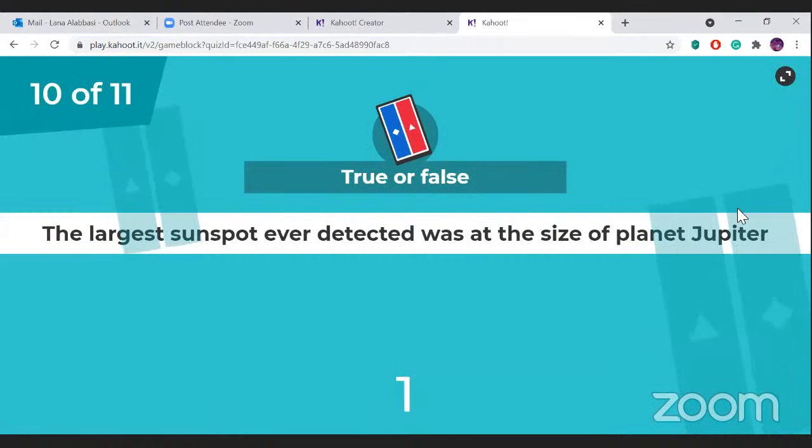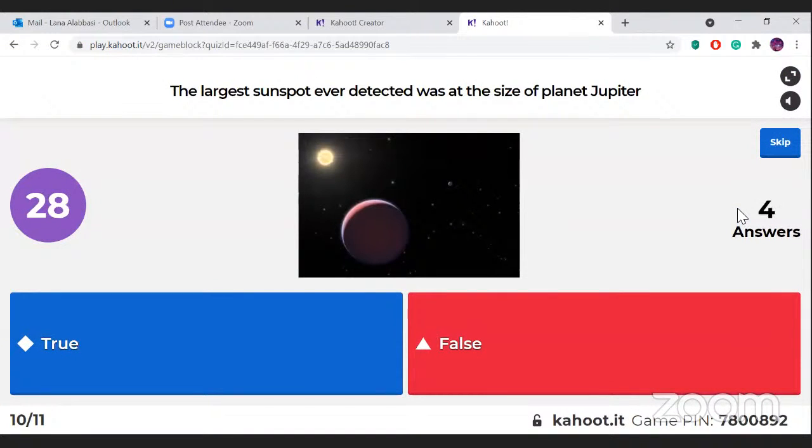So the next question is, the largest sunspot ever detected was the size of planet Jupiter. Is that true or false? I guess that's an easy question.